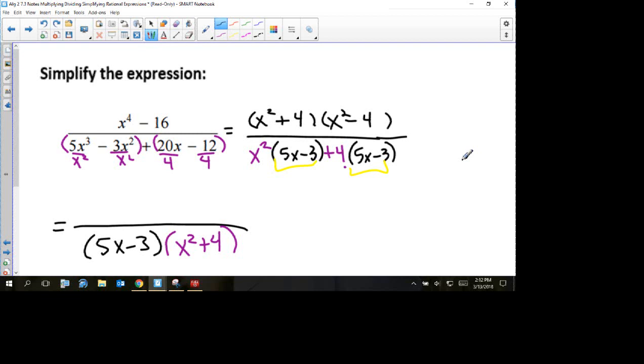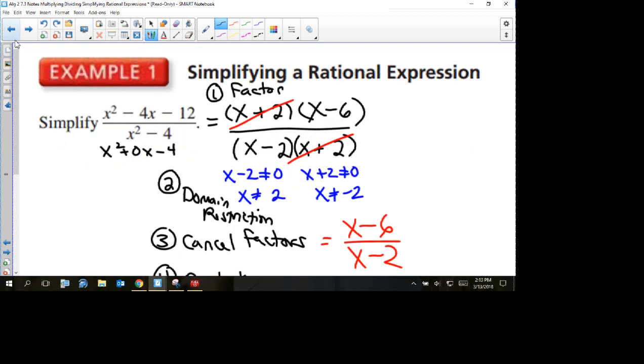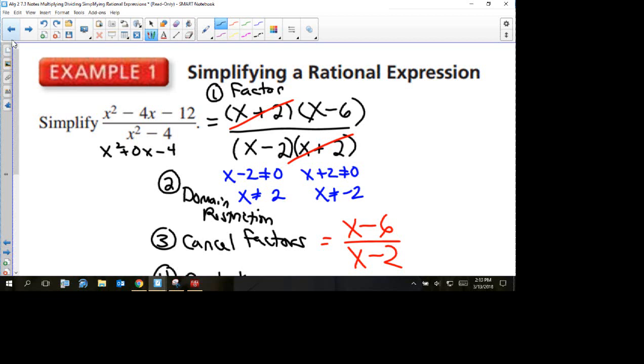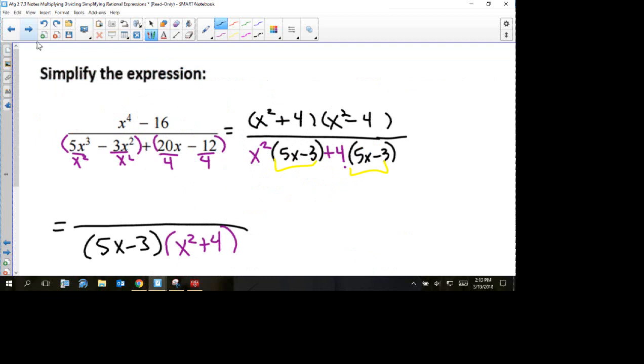That's not factored all the way. Got another step. Why is it not factored all the way? What can you factor further? Ellie? x squared minus 4.